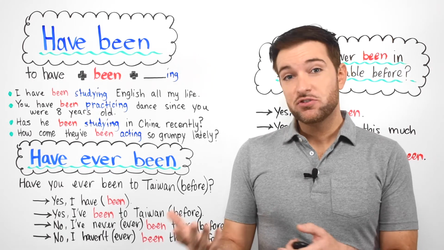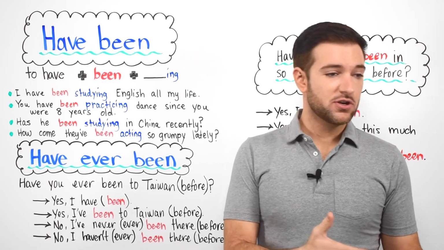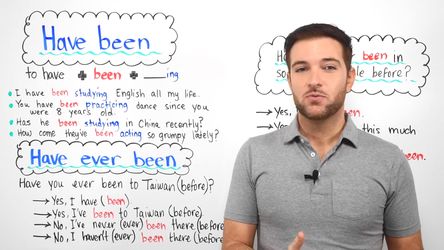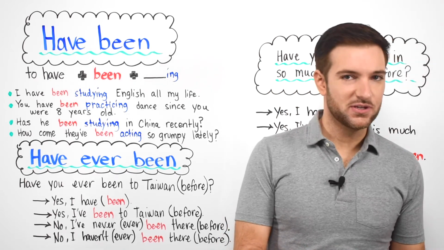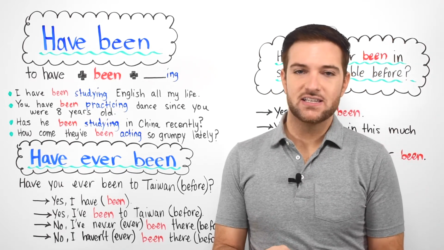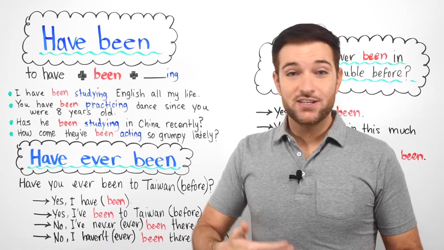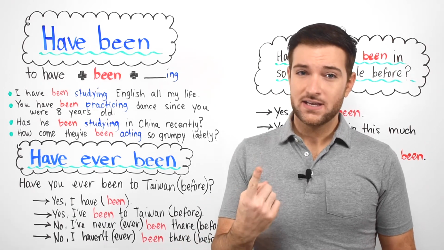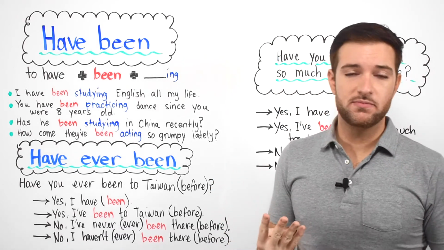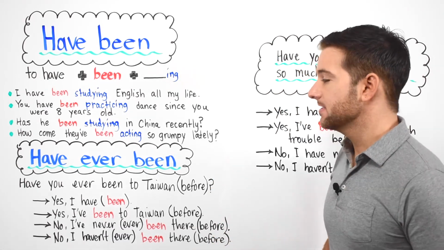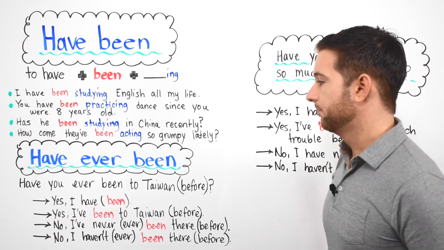Like, did you study? Yes or no? Okay, did you go here? Yes or no? Okay, we're not talking about when. When did you study? No. When did you go here? No. Okay, we're just asking, have you ever done something in your life? Ever? One time? Even one time? Okay, maybe 2 times, maybe 3 times, maybe 4 times, who knows? Let's look at some examples and you'll understand.